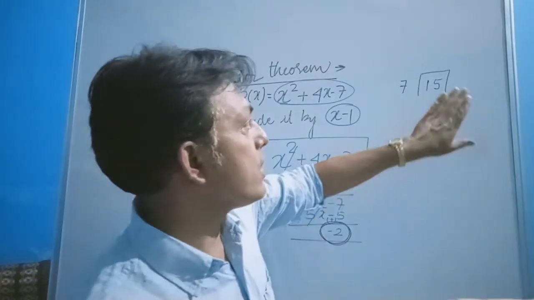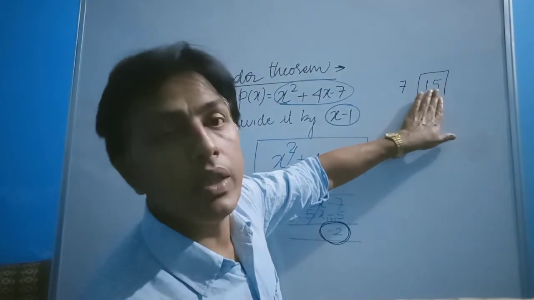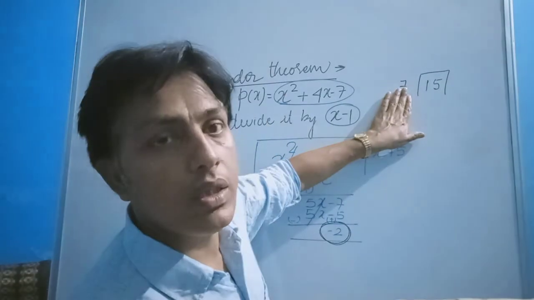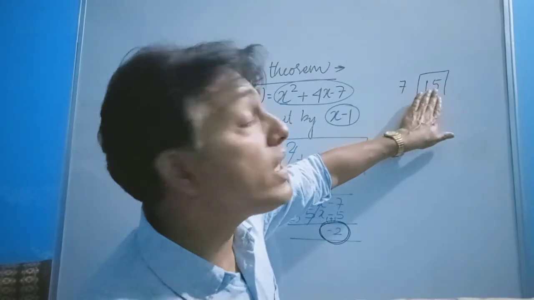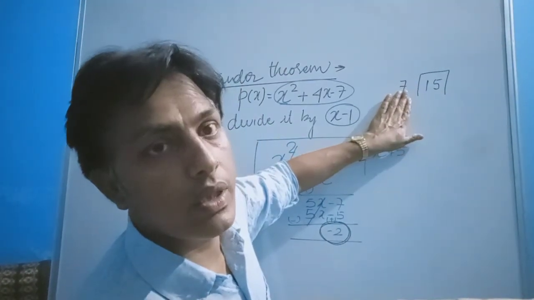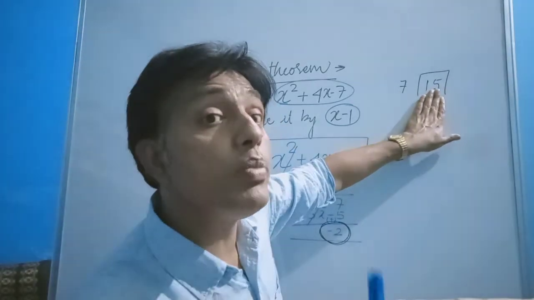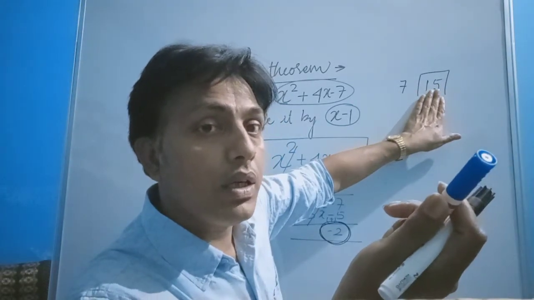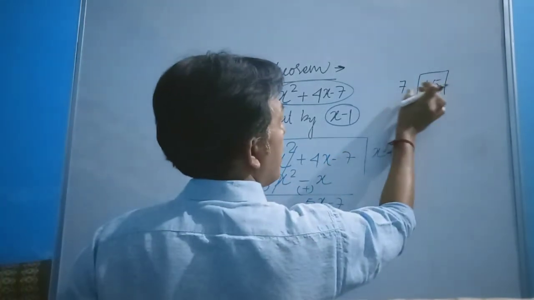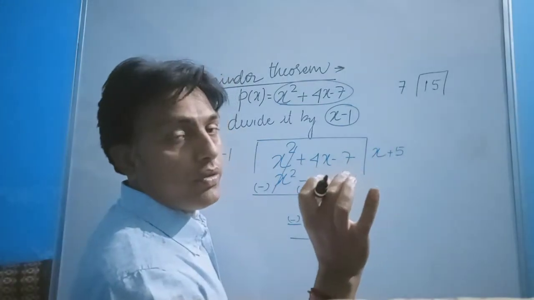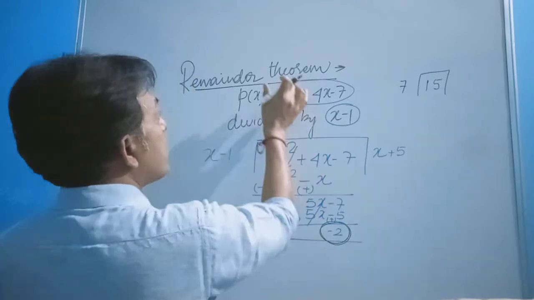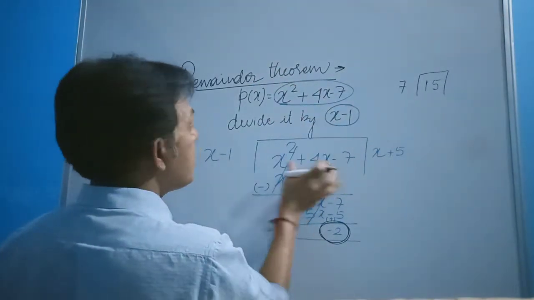In the junior classes, we must have learned that the dividend should be greater than or equal to the divisor. Here the values are compared for the condition of divisibility. In case of a polynomial, we don't have the values.